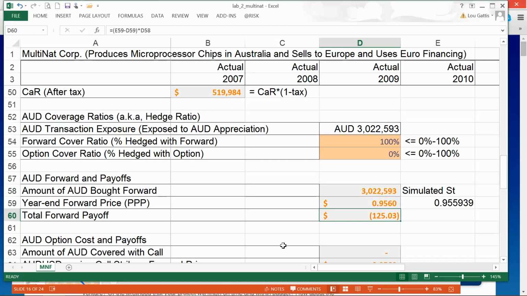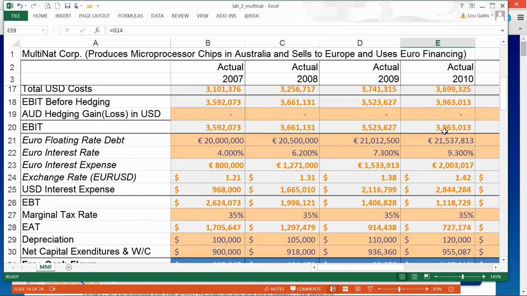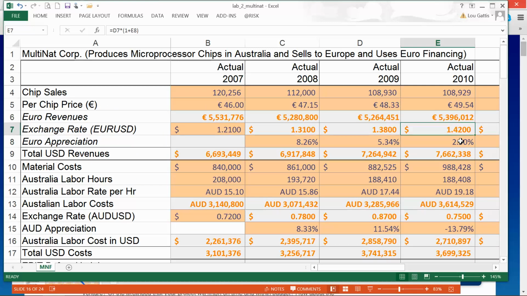It's S_T minus F, so it's the forecasted exchange rate minus the forward price times the number of Aussies. Now the forecasted spot price is E59. E59 is right here. That's just a link to the value up here.